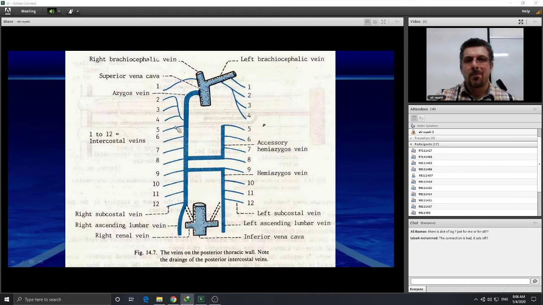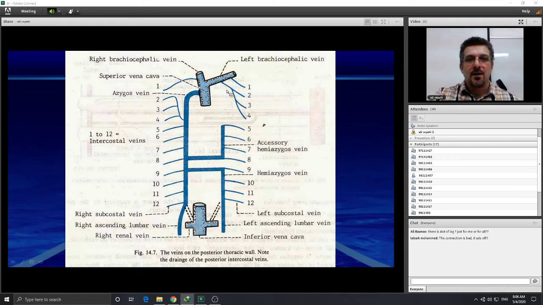But on the right side and on the left side, the veins in intercostal spaces 2, 3, and 4 join together to form the superior intercostal vein.